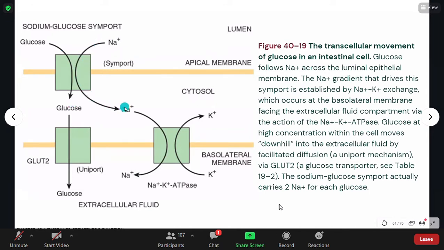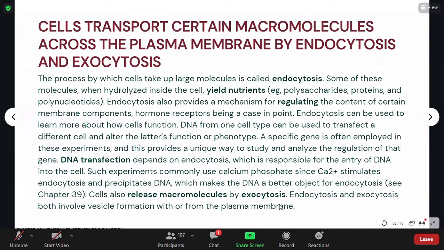So if you are putting the sodium out, then sodium now comes in with glucose. Glucose follows sodium across the lumen.